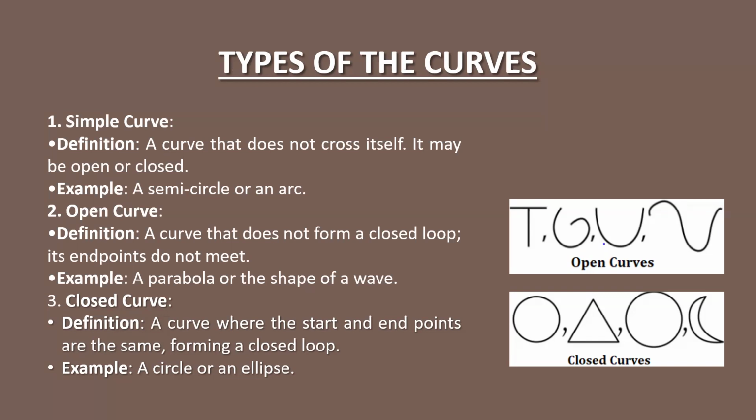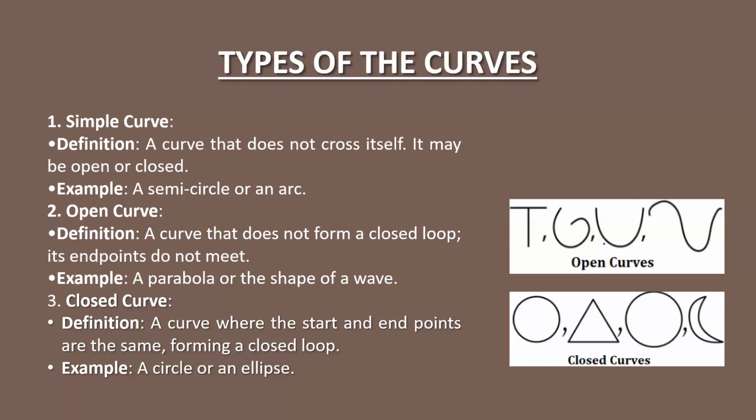For an open curve: a curve that does not form a closed loop and whose endpoints do not meet. It means it's not a closed figure. Here you can take the same examples as simple curves: C, S, M. Now comes the closed curve: a curve where the start and end points are the same, forming a closed loop.